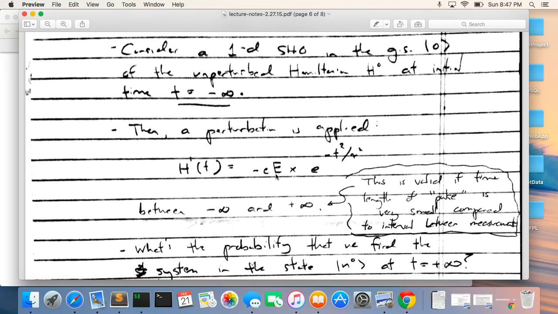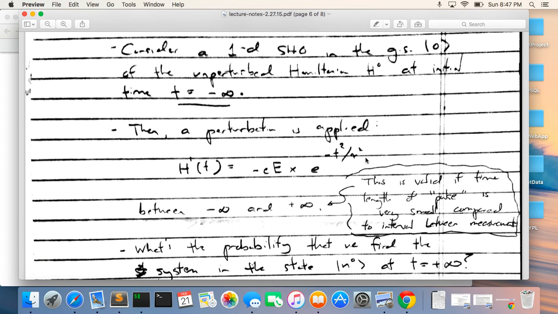So we've got a simple harmonic oscillator, and we're going to apply a perturbation to it that looks like this. Here E is an electric field. So we've basically got a charged particle on a spring, maybe, and this Hamiltonian goes like the electric field, the position operator, and it's exponentially decaying.